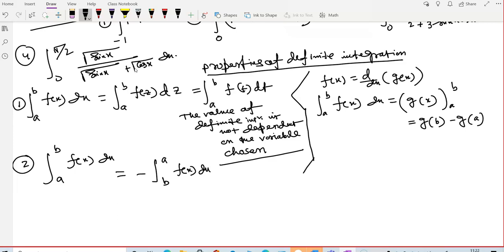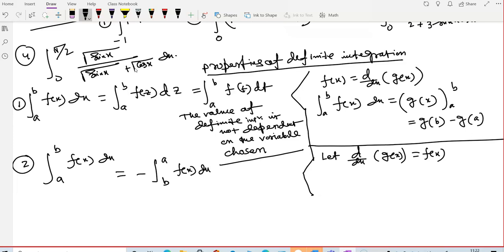Proof of this also I am going to give you. Then we will see the application. This one, you write it this manner. Let d/dx of g(x) equal f(x).